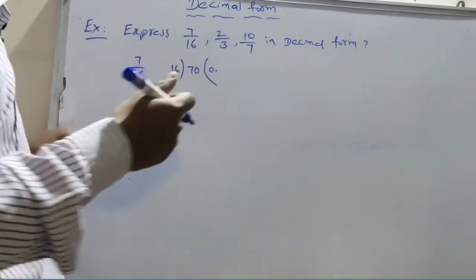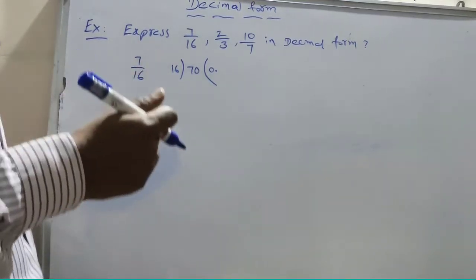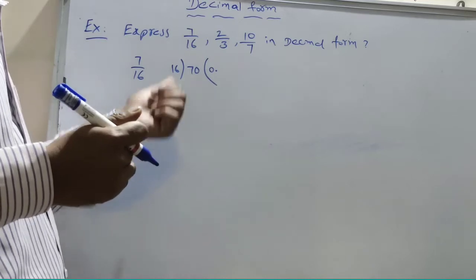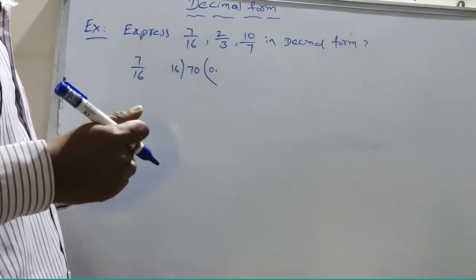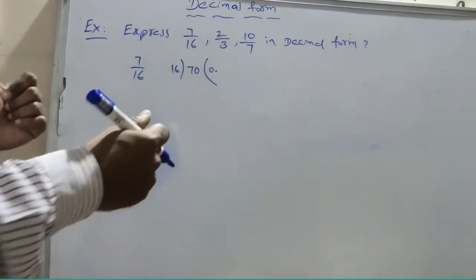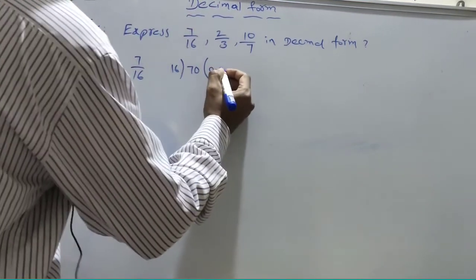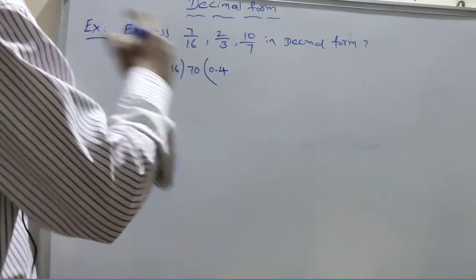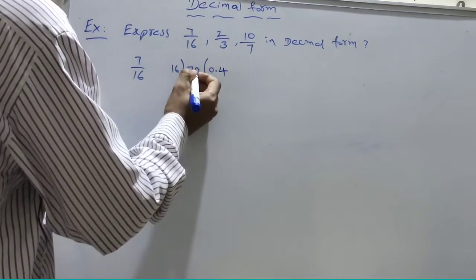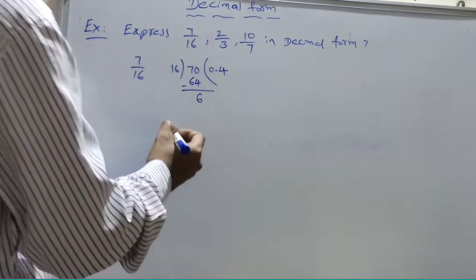Now it is bigger than 16, as you know this process already. Now 70, divide 70 by 16. In how many times will it go? 16 fours are 64. You must know the tables up to 20 at least. Now 70 minus 64 is 6.